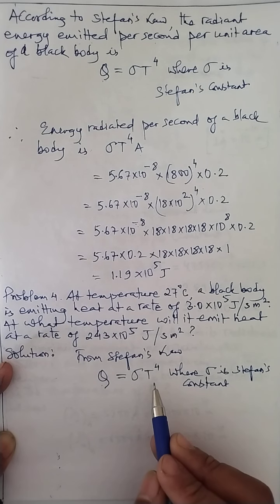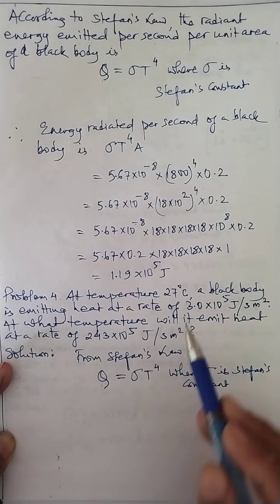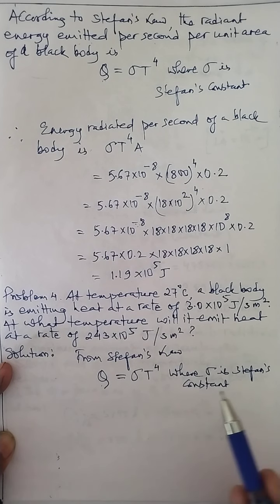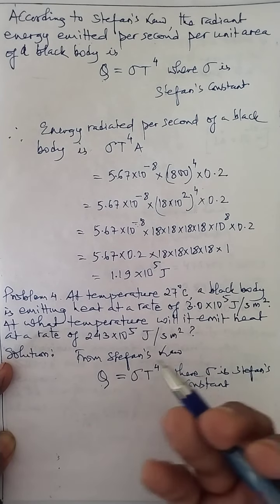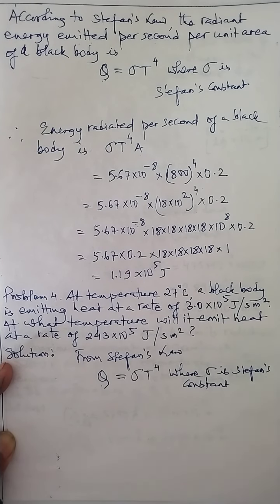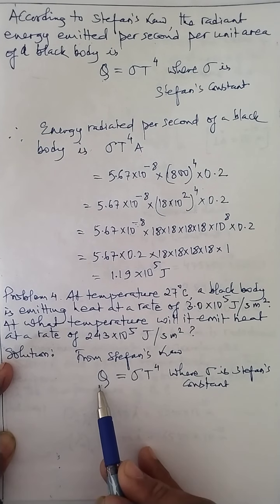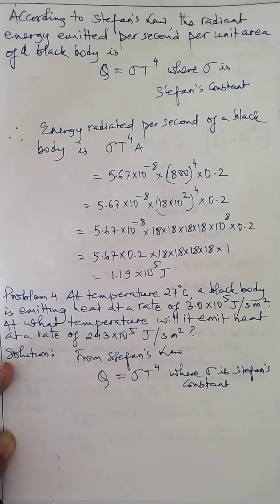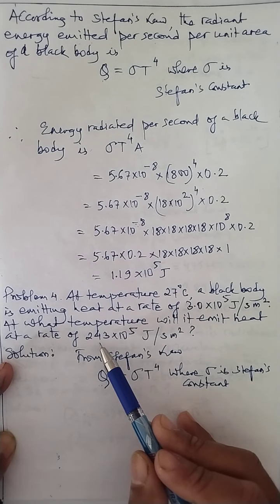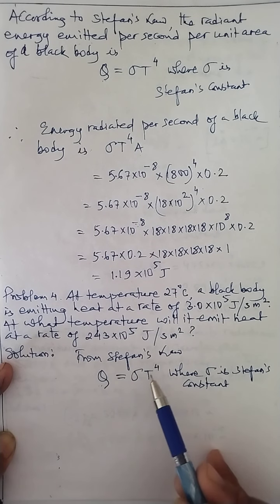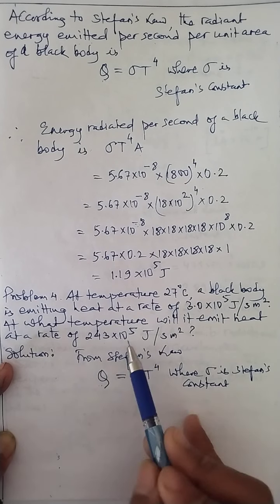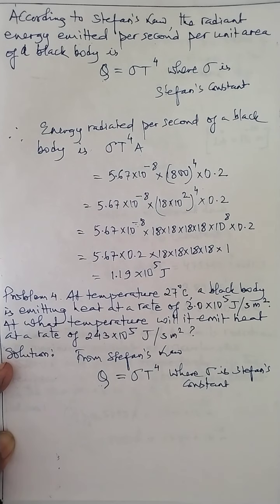Now there are two different temperatures for which the amount of heat radiated is given. So this is at a temperature say 27 degrees Celsius, but from 27 degrees Celsius the temperature can be raised. One thing you need to keep in mind is that when more heat is radiated from a black body, the temperature of that black body is higher, because heat radiated and the temperature are directly proportional to each other. Because this radiated amount of heat is more than this amount of heat radiated, definitely the temperature for this amount of heat will be more than this temperature, that is 27 degrees Celsius.